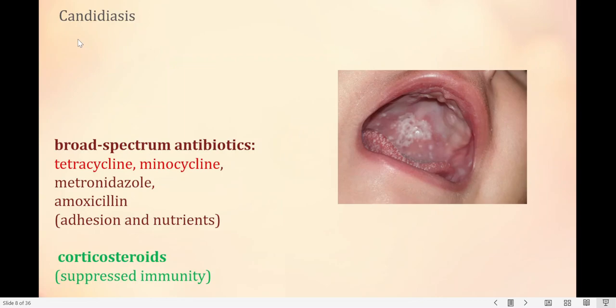Now, another oral side effect of medications is candidiasis. Actually, candidiasis may be caused or predisposed to by two main categories of medications, which are the broad spectrum antibiotics and corticosteroids.